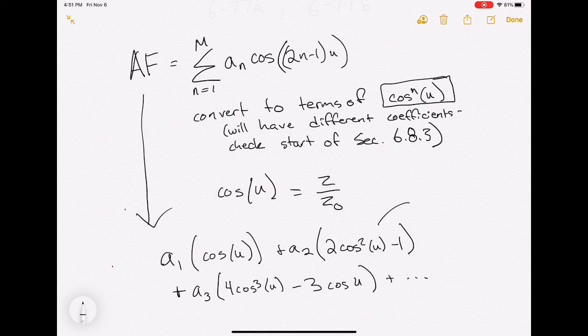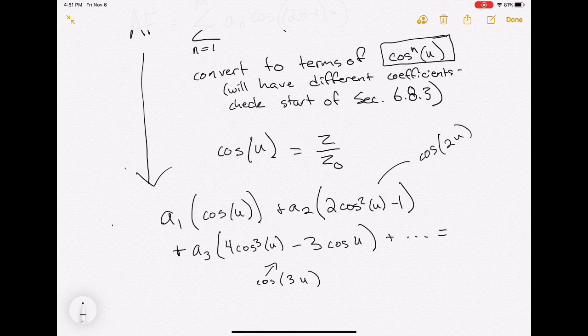Now, these are just expansions of cosine of 2u here, and this is cosine of 3u, and so on.